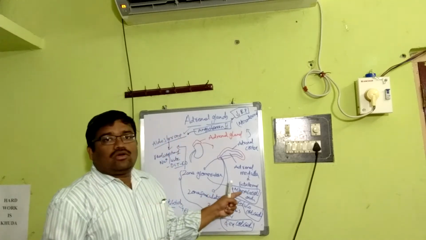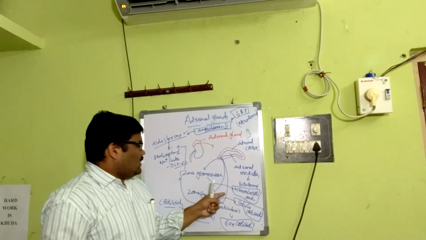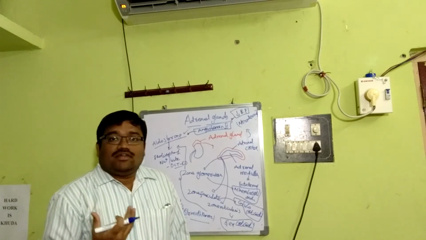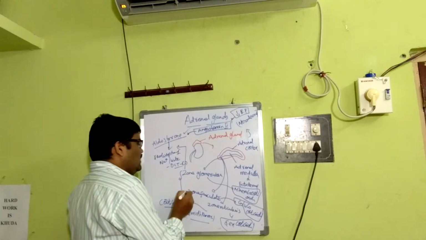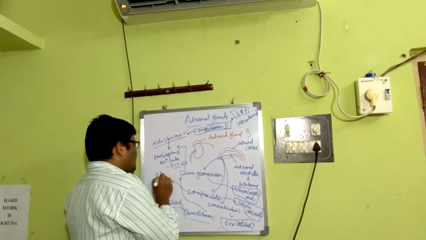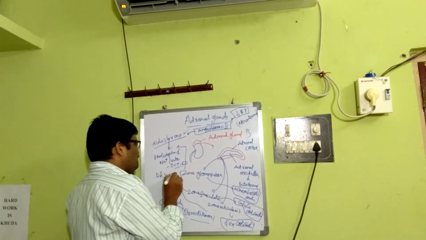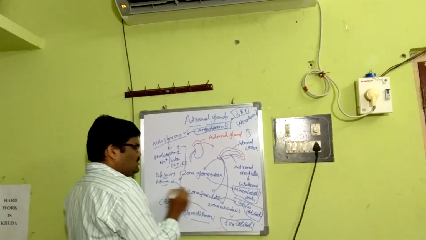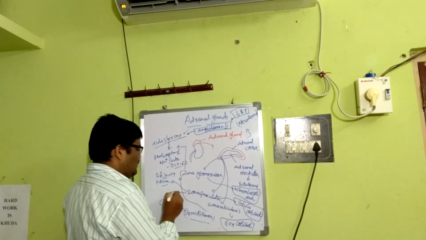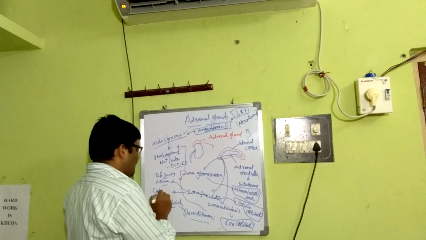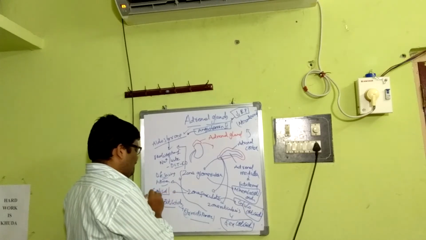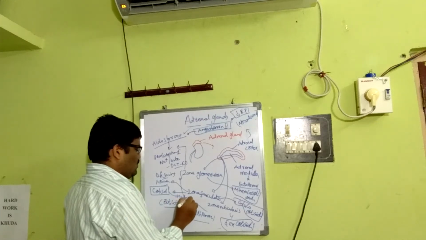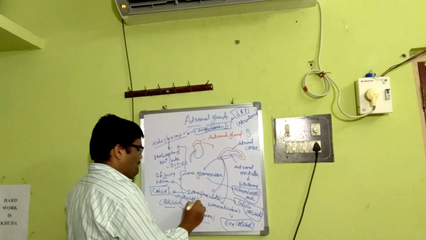That means mineralocorticoids. Then glucocorticoids, that means coming from zona fasciculata, are considered as the life-saving hormones. The most important hormone here is cortisol, otherwise called hydrocortisone.